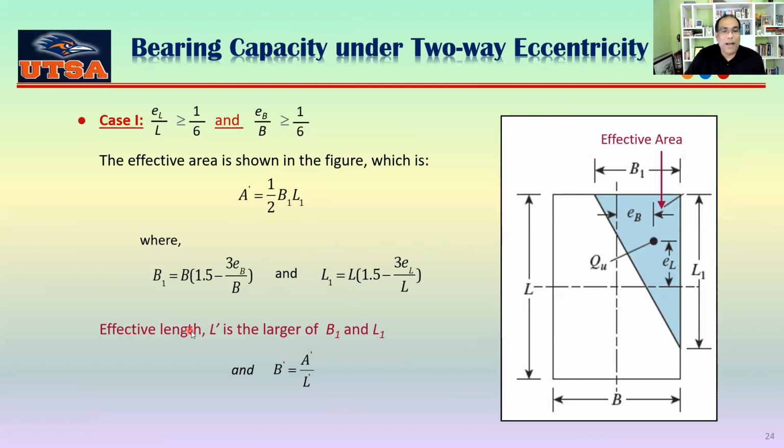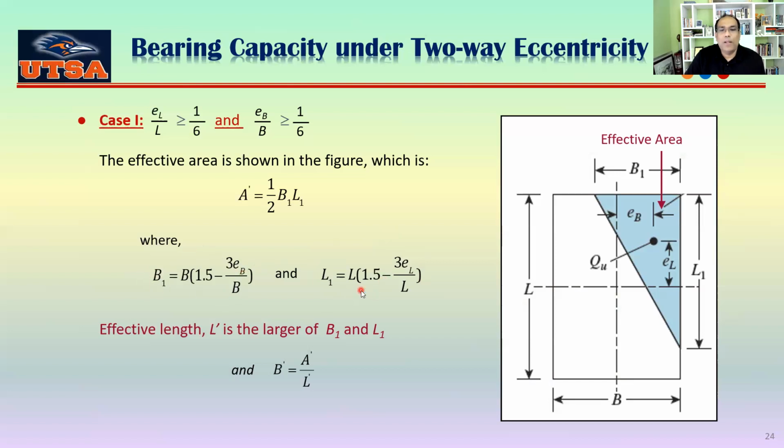Then L prime is the larger of B1 and L1, and B prime is the effective area divided by L prime. So this is case one. We don't need any diagram or figure for this; we can just use these two equations to find B1 and L1.